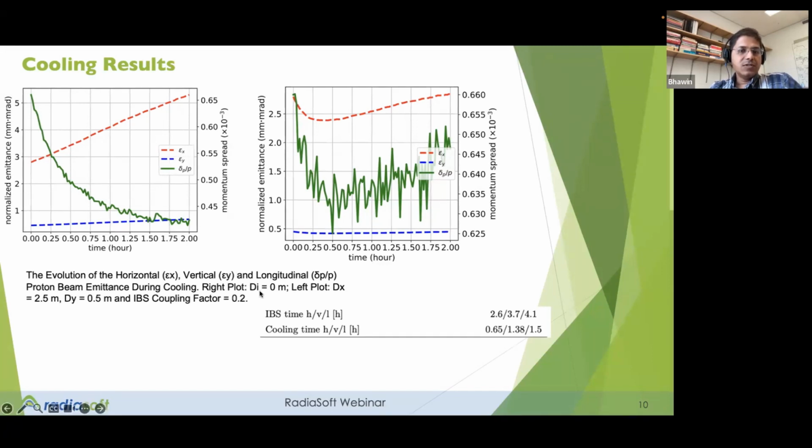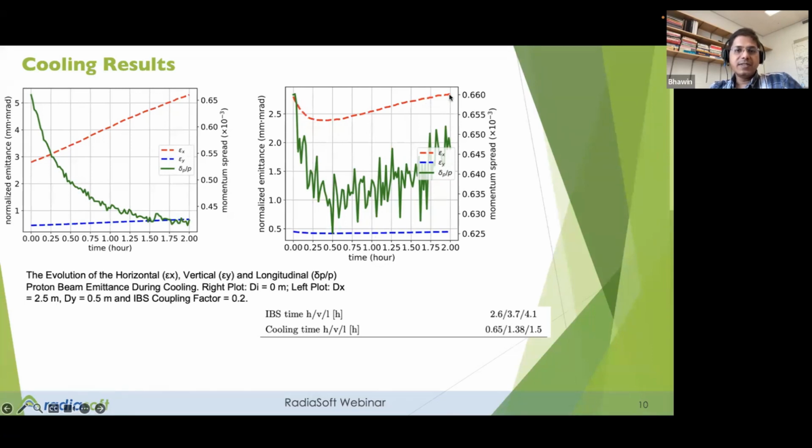So we need to introduce some dispersion in the horizontal and vertical directions. Including this dispersion redistributes the cooling from the longitudinal direction to the horizontal and vertical directions. So on the right side, with dispersion of 2.5 meter horizontal and 0.5 meter vertical, and a coupling factor of 0.2, you can see the horizontal, vertical, and longitudinal emittances are all decreasing or somehow constant.